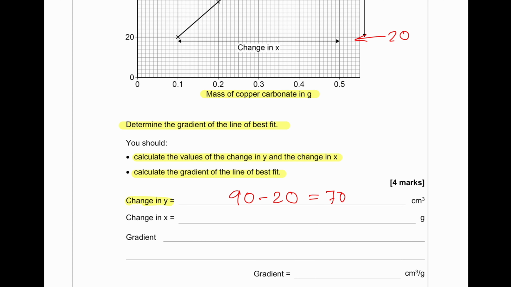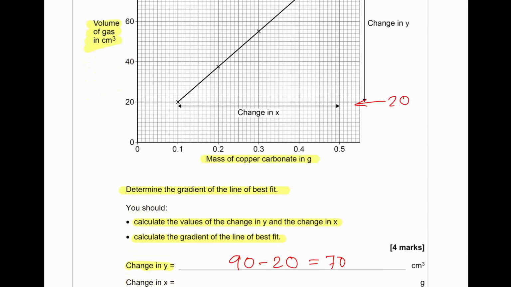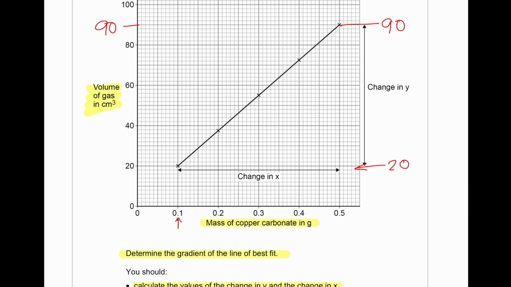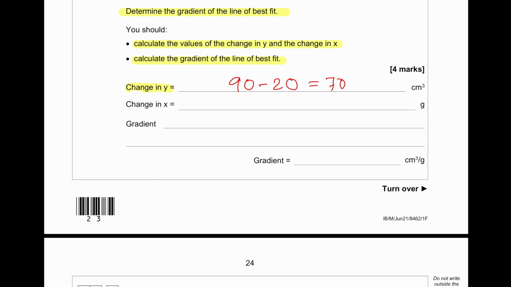which is 70. Now for the change in x, we started at 0.1 and we finished at 0.5, so 0.5 minus 0.1 is 0.4. Now we need to calculate the gradient. We know that gradient equals rise over run.